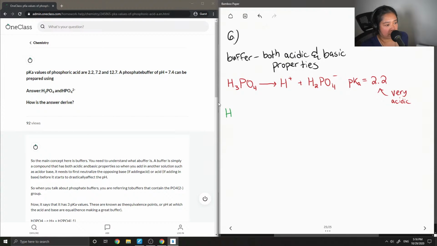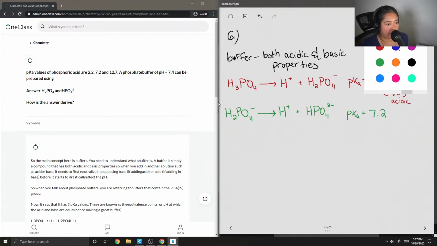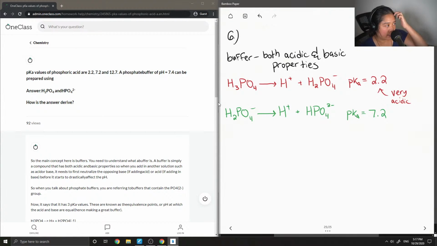So this is a polyprotic compound, so it's actually going to undergo deprotonation again. So H2PO4 minus dissociates to another proton plus HPO4 2 minus, and they said that this pKa is equal to 7.2. This is more of a neutral pKa value, but it's still a little less than the phosphate buffer that we're looking for.